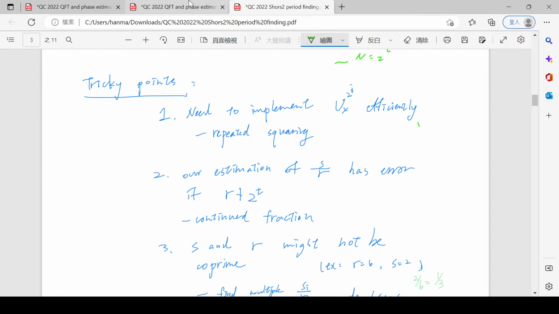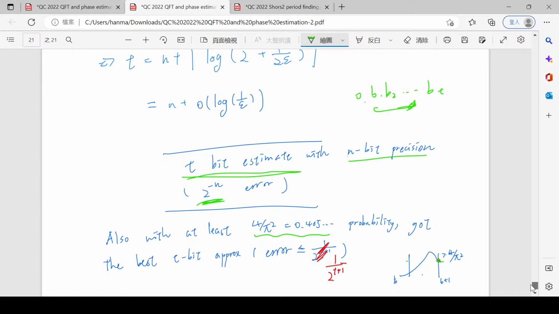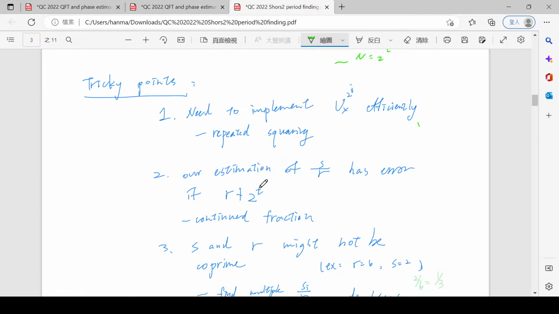Well, we have the error analysis here, but just having a small error is not enough, because you really want this fraction here. Like when this is 1 over 3, then you really want 1 over 3. You don't want 1.0001 over 3.002, because that's very far off.